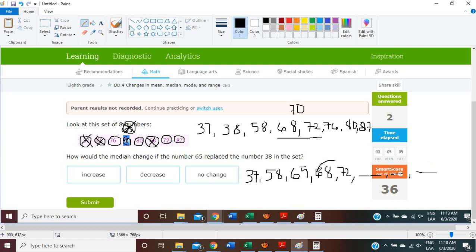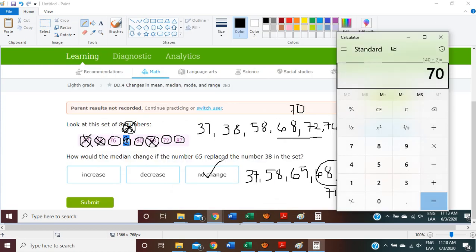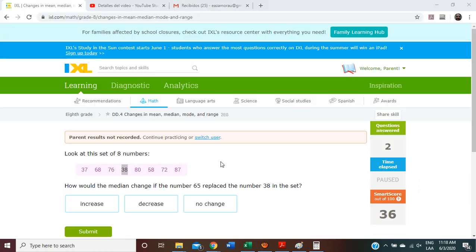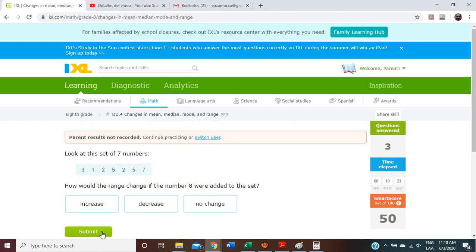So again, these are my two numbers that are in the middle, and they are the same numbers. So again, the median of this set of numbers is 70. There is no change in the median of these numbers. All right, so we choose no change and we submit our answer.